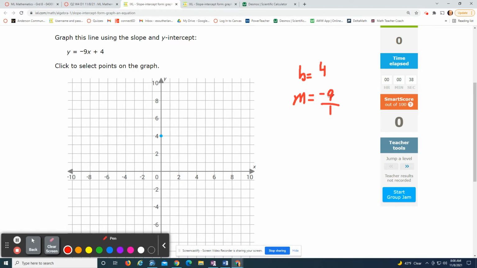It's rise over run. This tells me to go down 9 and 1 to the right. So I start at 4 and I count 1, 2, 3, 4, 5, 6, 7, 8, 9 down and over 1 to the right.